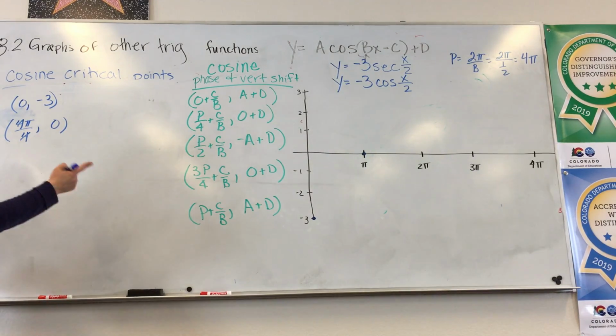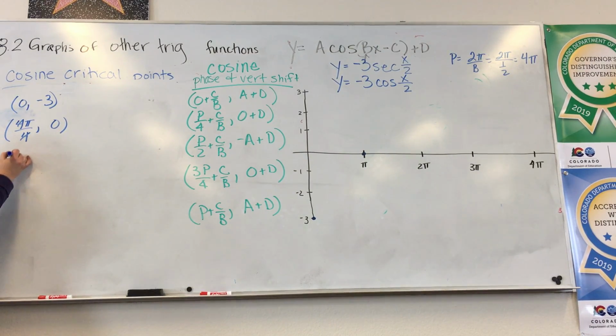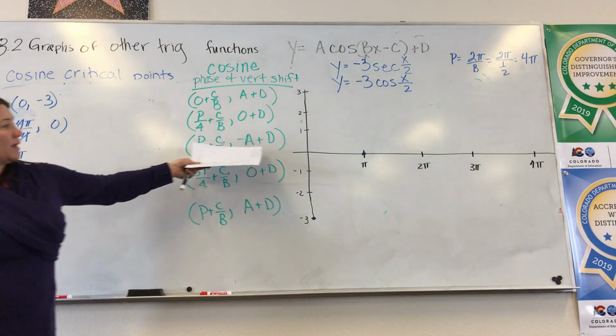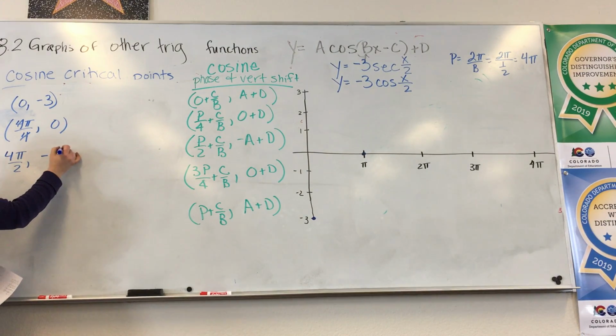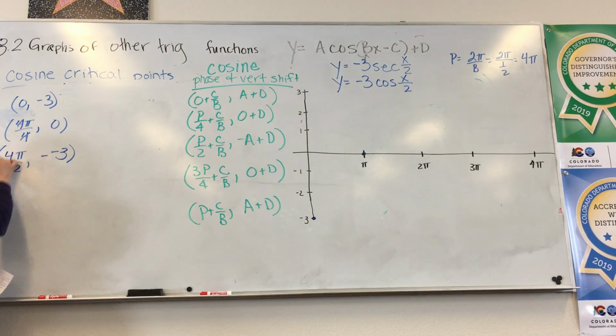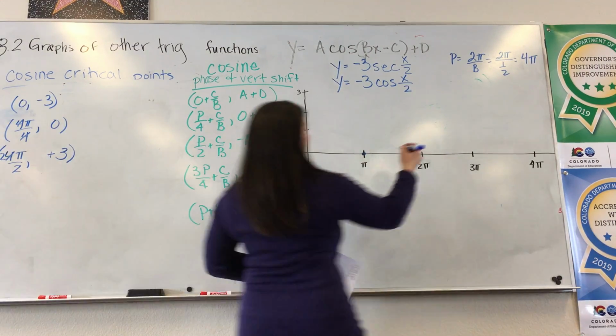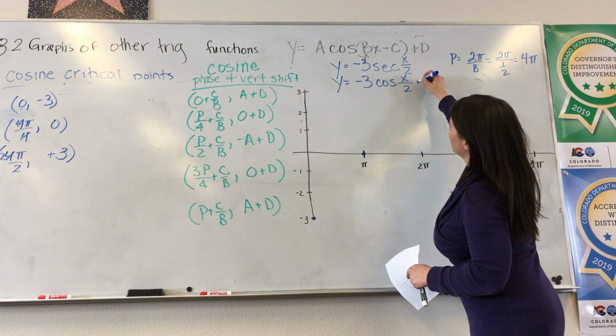Okay? So I need the period divided by 2. So 4 pi divided by 2, and negative a, which is 3. So this is going to be 2 pi, +3. So at 2 pi, I have +3.